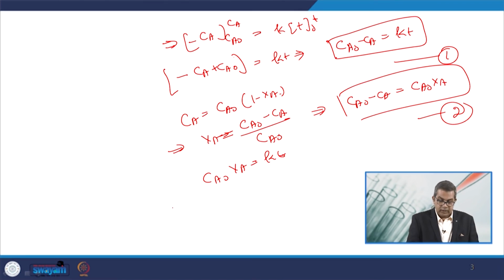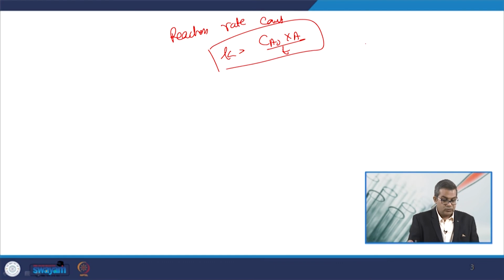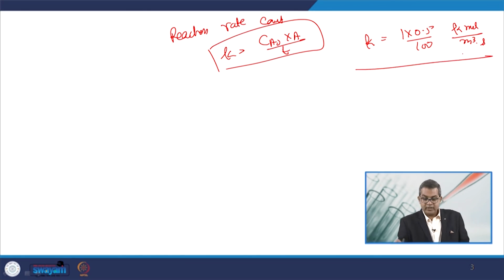So when we are talking about the reaction rate constant, K is equal to Ca naught Xa upon t. So K is equal to 1 into 0.5 upon 1000, in kilomole per meter cube second. So we can write K like this.